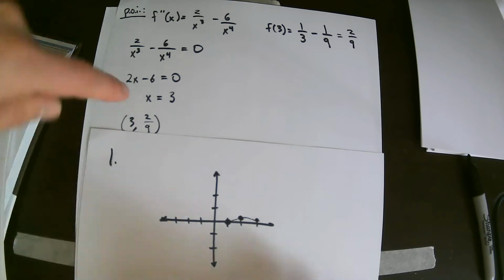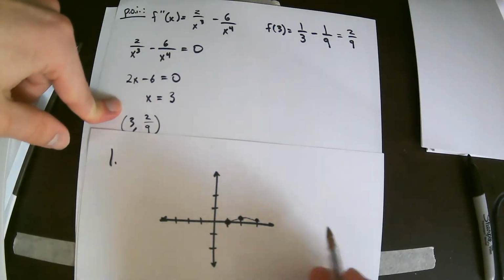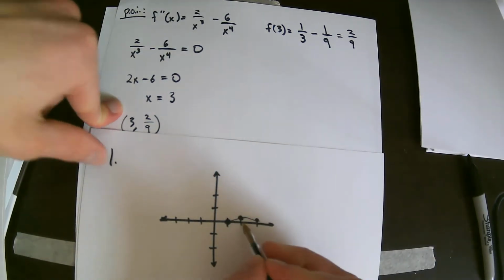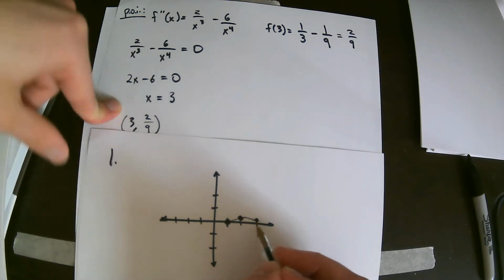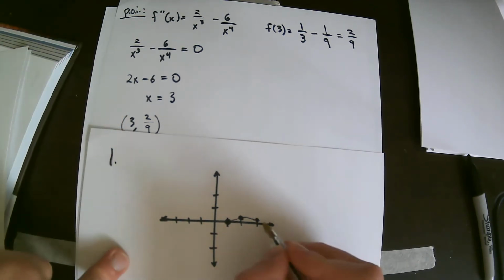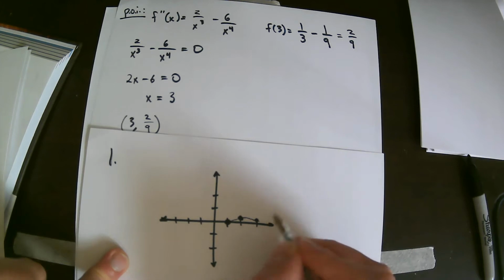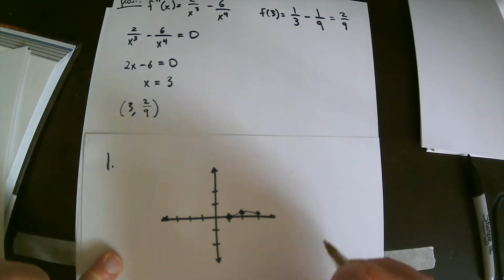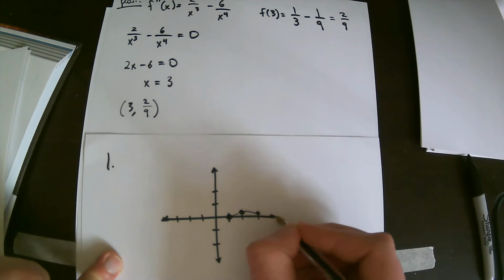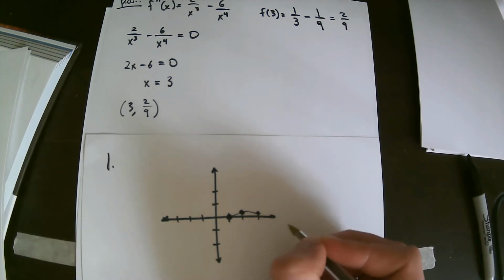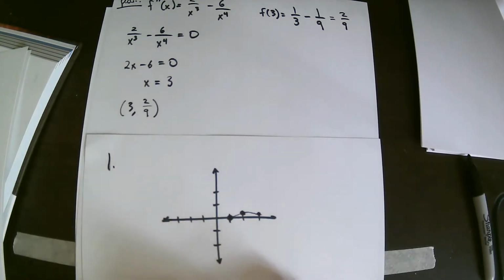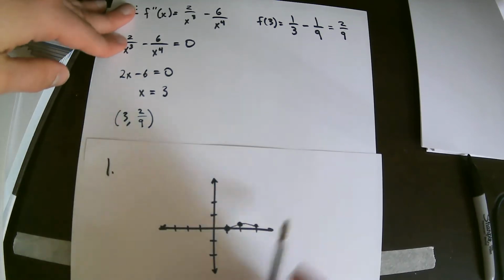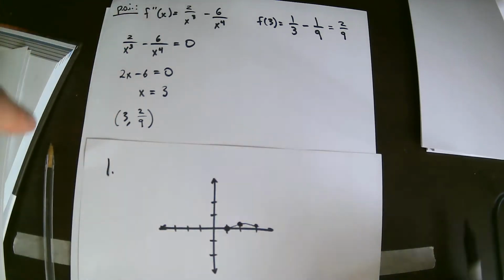We still do need to check on the right side of it. We don't need to check the left side, because we know that this should be like this. But we do need to check this side over here to see if it curves down like this, or if it continues to curve down like that. Though, really, you could argue that it has to curve like that. To be safe, we can investigate just on the right side over here.